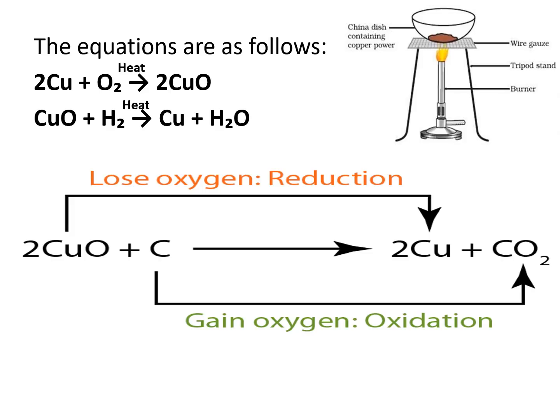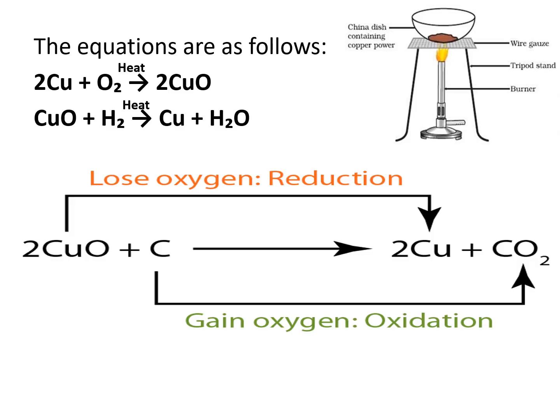The equation is 2Cu plus O2 on heating gives 2CuO. Now this CuO, if we pass hydrogen gas over it on heating, will again get converted back into copper and water is formed. So students, we find that in the case of copper oxide, oxygen gets removed.